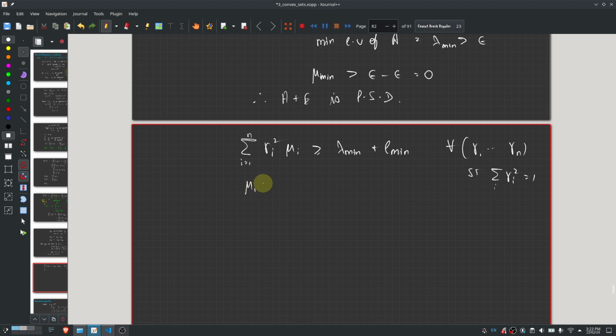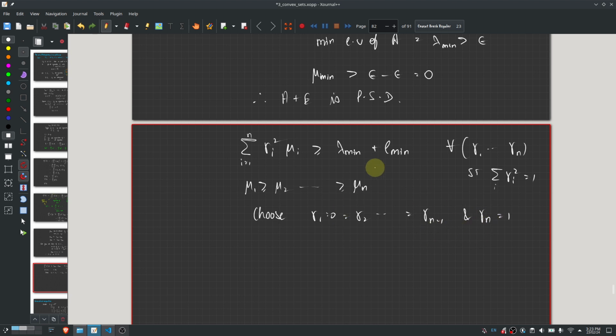Now if mu1 is greater than or equal to mu2 and so on is greater than or equal to mu n, then you just choose gamma 1 equal to 0 equal to gamma 2 up to gamma n minus 1. The first n minus 1 you set equal to 0, and gamma n you set equal to 1.